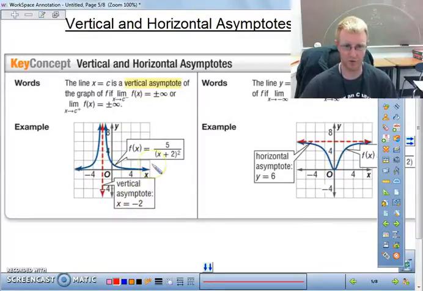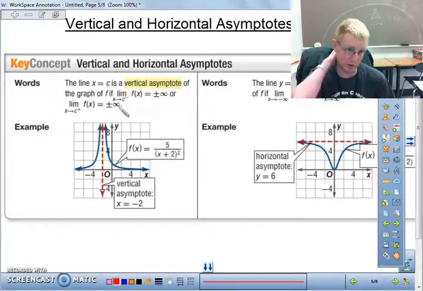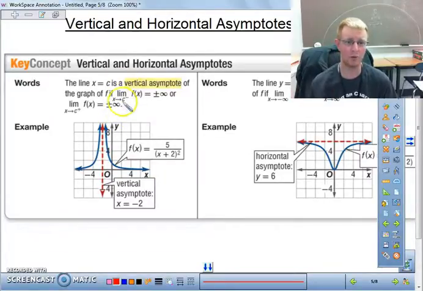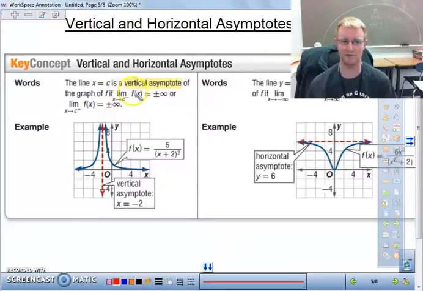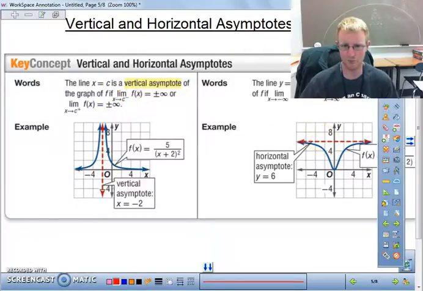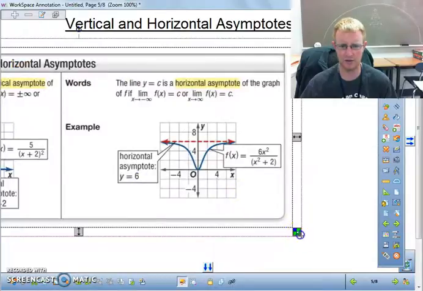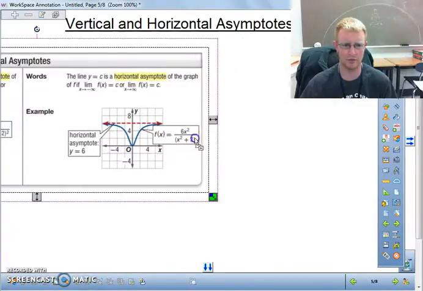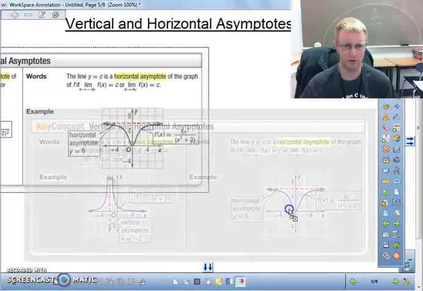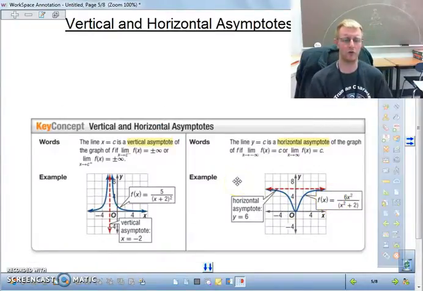Okay, so let's talk about vertical asymptotes. Now, this is going to be a little bit different than what you learned in Algebra 2. We want to frame it in terms of calculus, in terms of limits. So again, I'm going to make this a little bit smaller if I can, so that I can manipulate it a little bit more. Okay, so here we have our vertical and horizontal asymptotes.